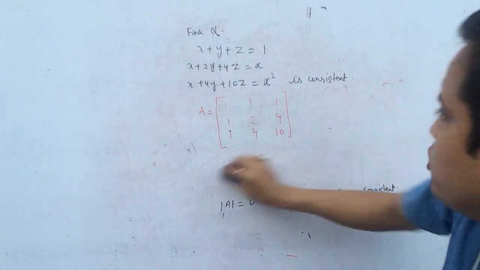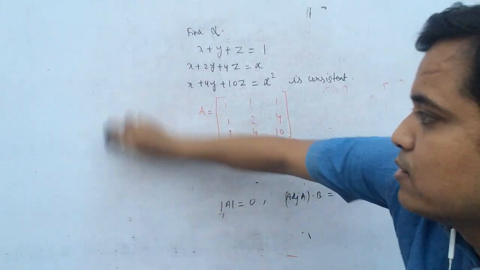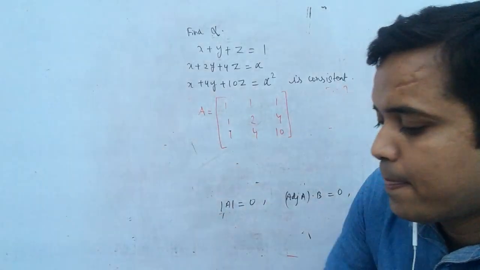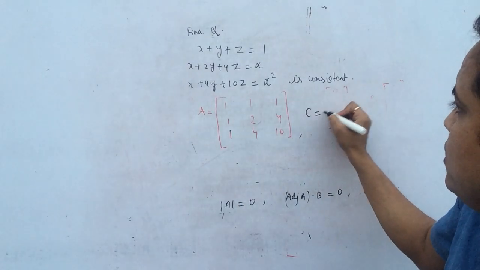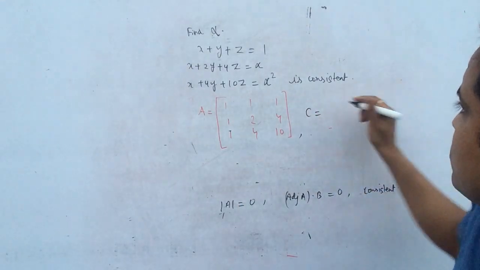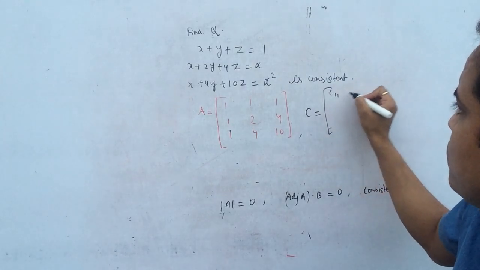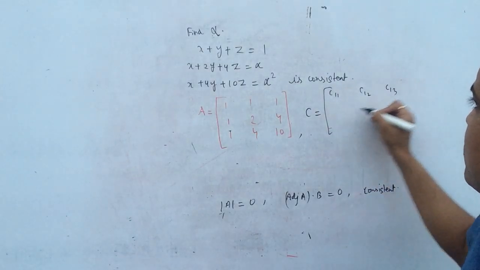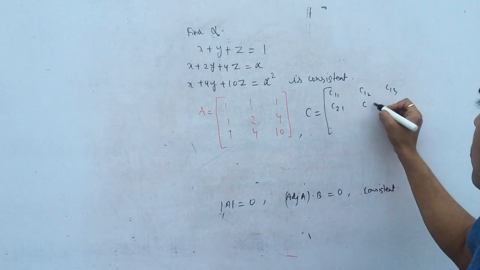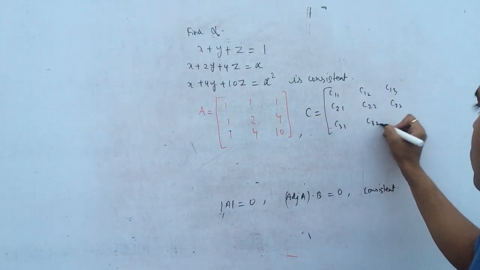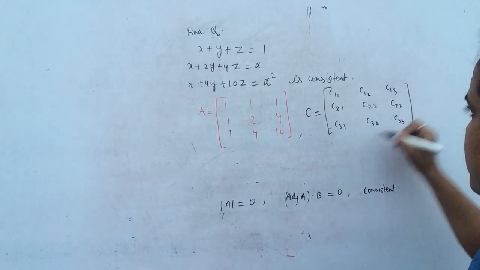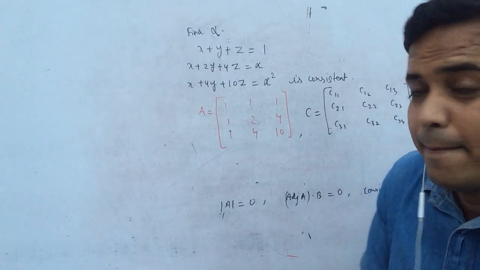In order to find adjoint of A, you need to find the cofactors. Cofactor C: C11, C12, C13, C21, C22, C23, C31, C32, C33. How would you find this?